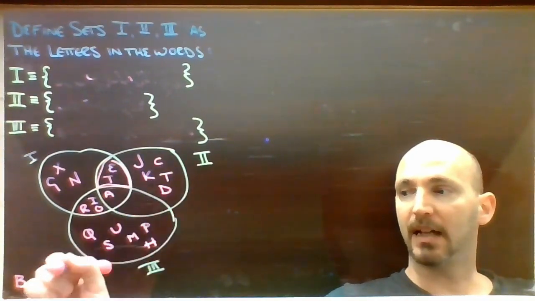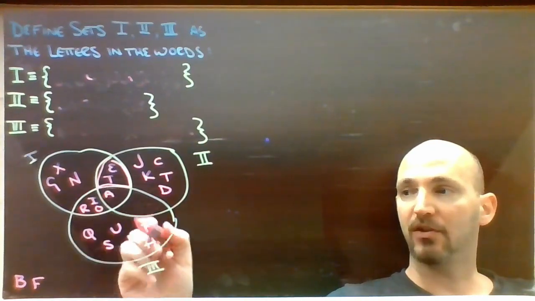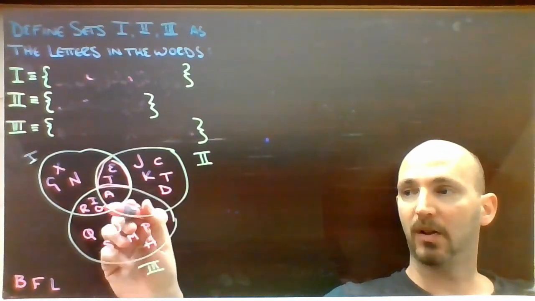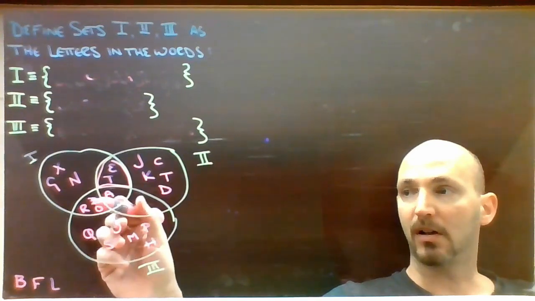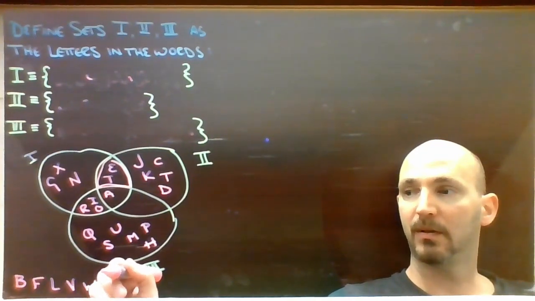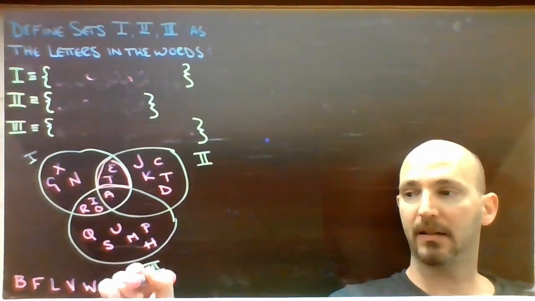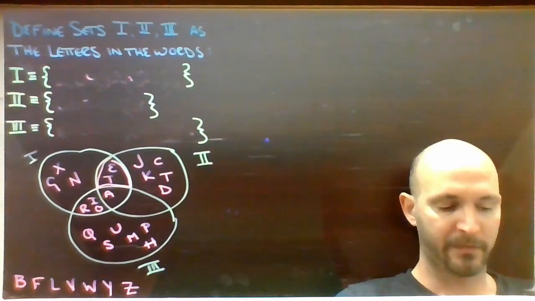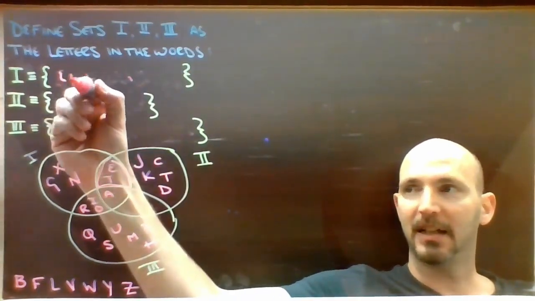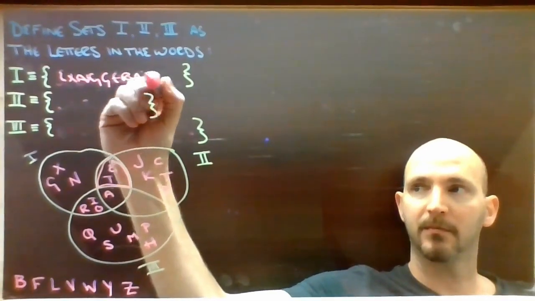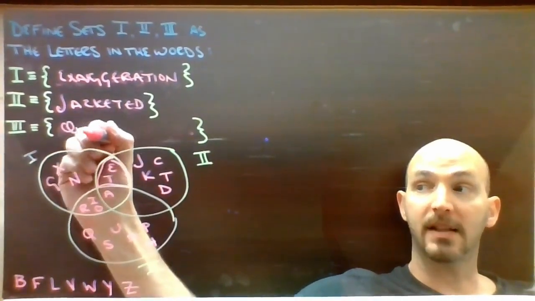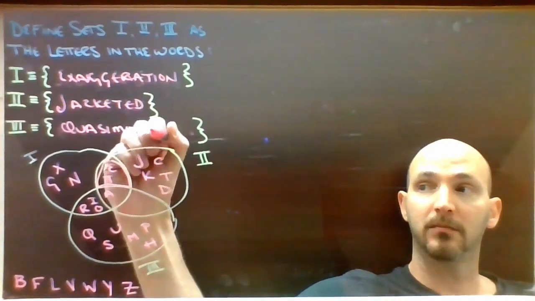C, D, E, F, G, H, I, J, K, L, M, N, O, P, Q, R, S, T, U, V, W, X, Y, and Z. So I have all of the letters of the alphabet sorted now from those words, which were, let me fill them back in for you, exaggeration, jacketed, and quasimorphism.